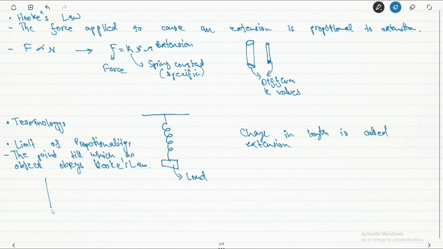And just a small portion of the graph, you probably have seen this in your O levels, and this is limit of proportionality, where everything is constant, gradient is constant, gradient would be k here, right? F over x, and this just goes haywire after this point, and till this point is called the limit of proportionality. So just remember that.